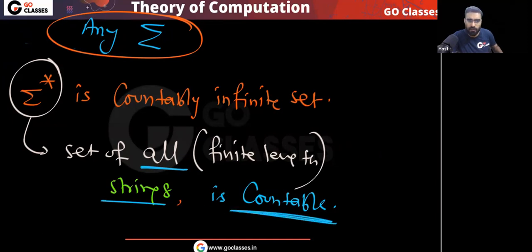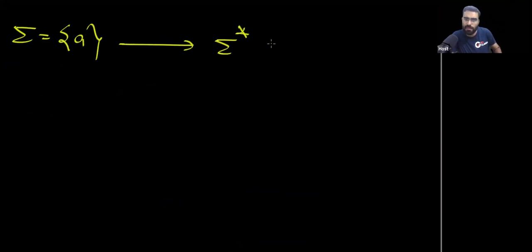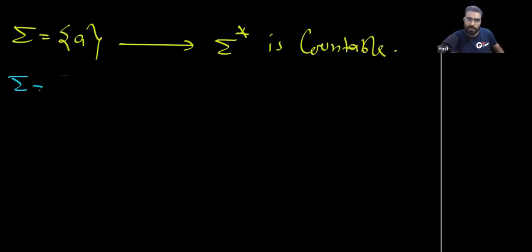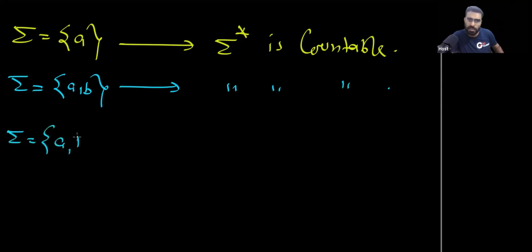Is this clear? Whatever sigma you take, sigma star is countable. If your sigma is binary, then also sigma star is countable. And if your sigma is the English alphabet, then also sigma star is countable.